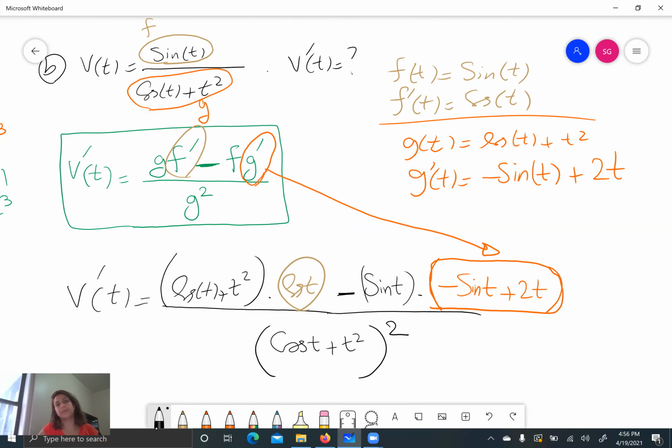I'm also going to show you example 5, and then I'll leave the activity for you.